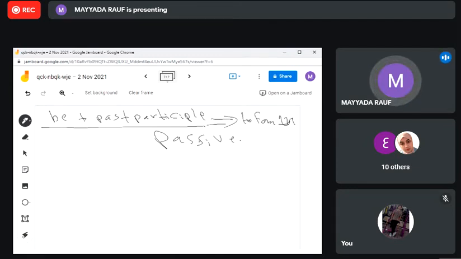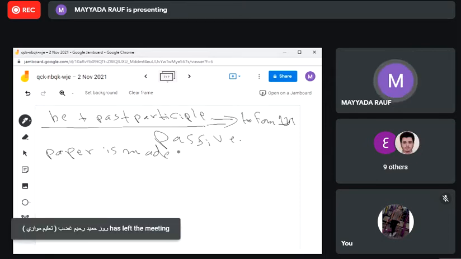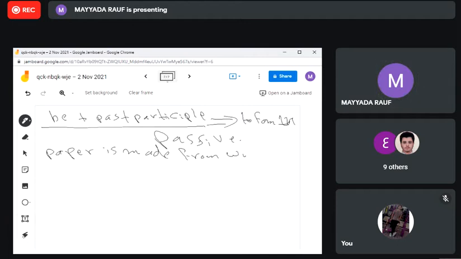So, for example, when I say paper is made from wood, okay? So, it is present simple, but in passive.